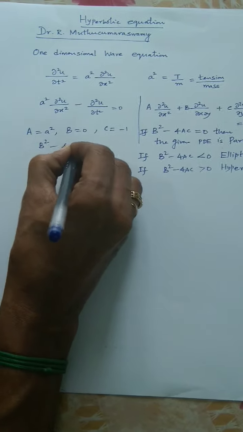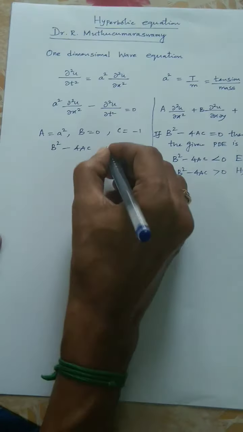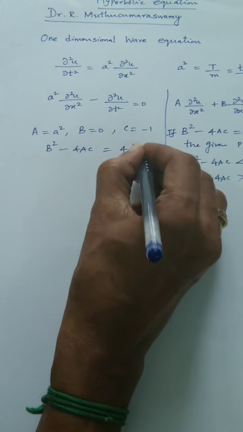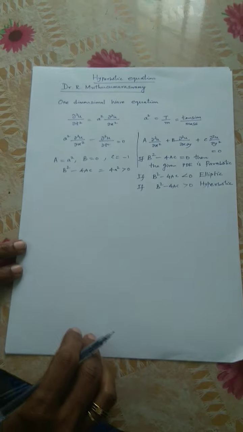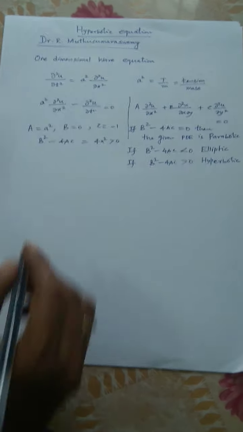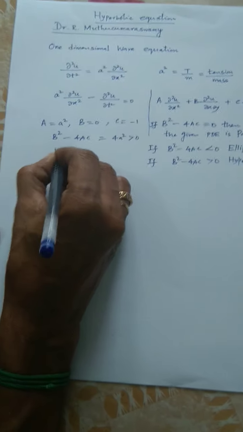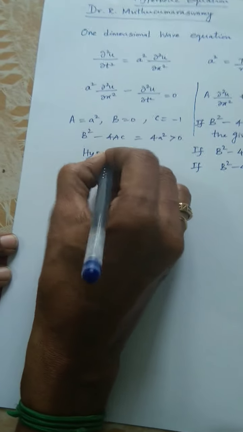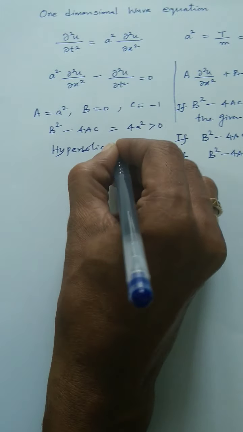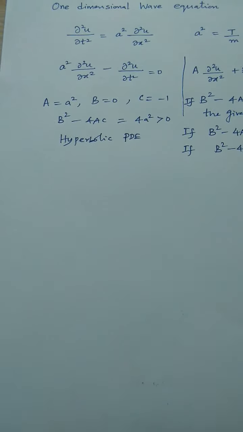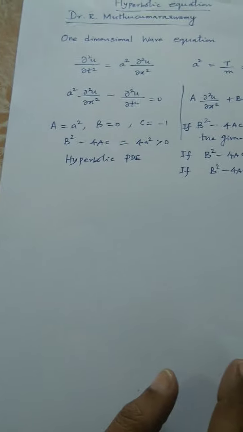The discriminant B² − 4AC is 4a², which is positive since the constant a² is positive. So this comes under the hyperbolic model. It is very clear that the one-dimensional wave equation is a hyperbolic model.